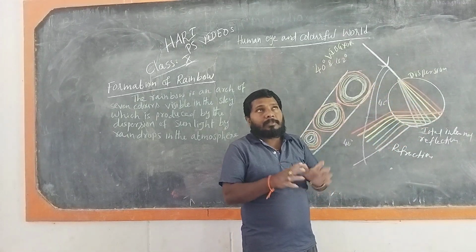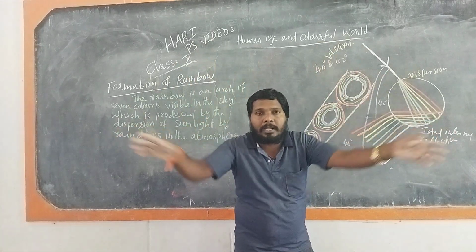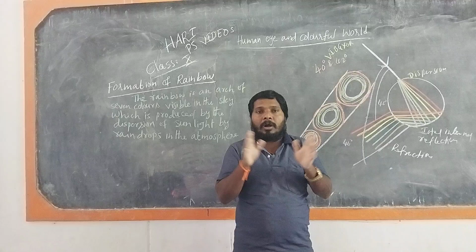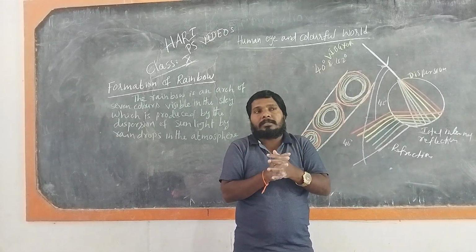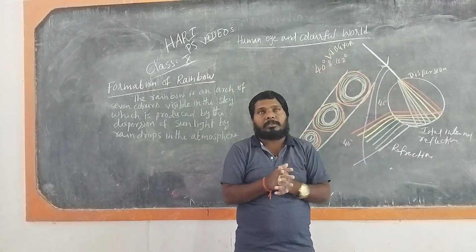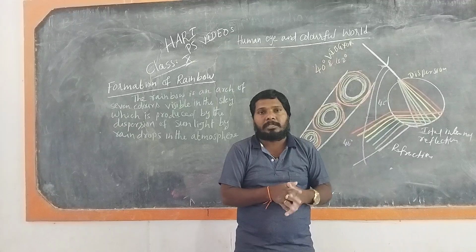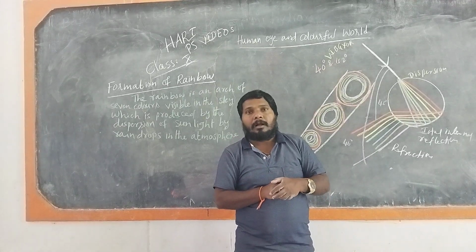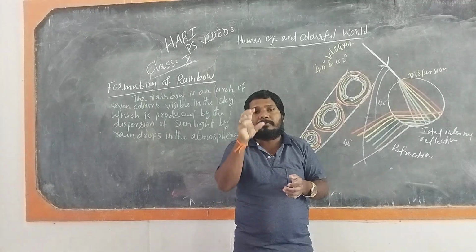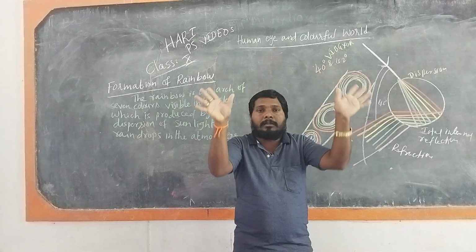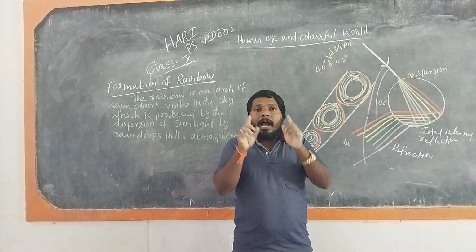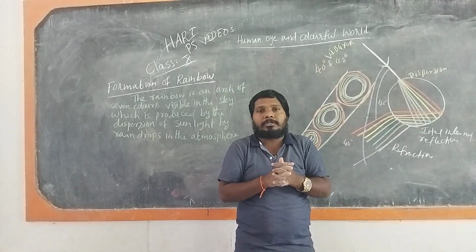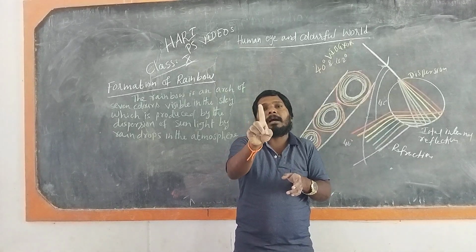But the rainbow colors we are observing in the sky are actually formed by different water drops. As per the position of the person, we are able to see only one color from each drop.